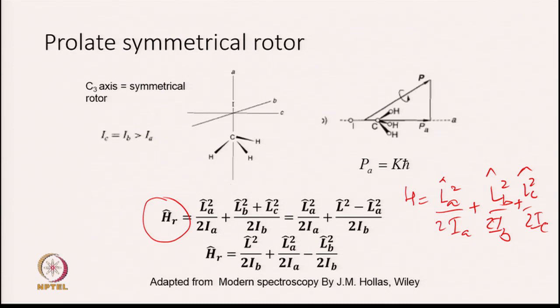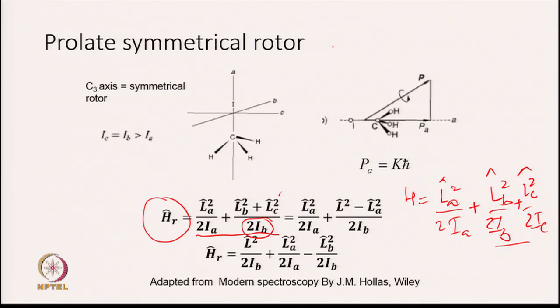But since IB and IC are equal, you can write the Hamiltonian operator as the LA square operator divided by 2IA plus the LB square operator plus the LC square operator divided by 2IB.